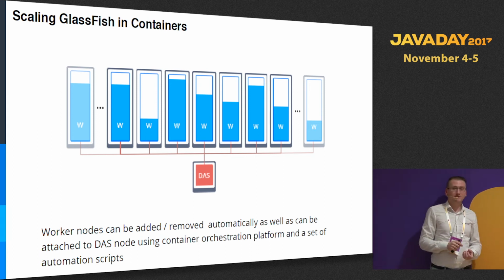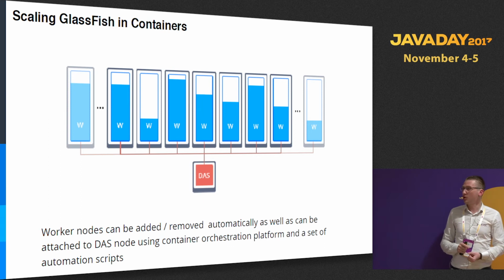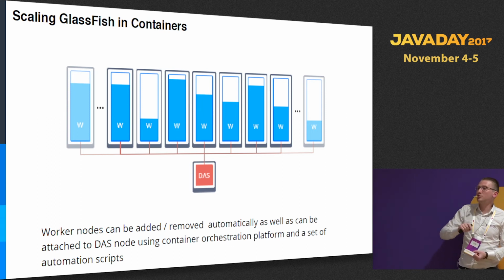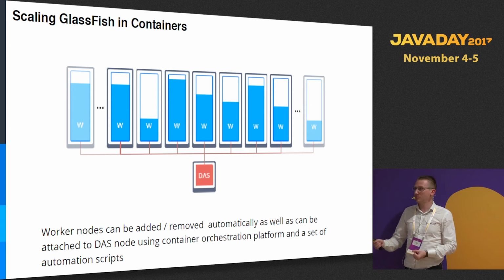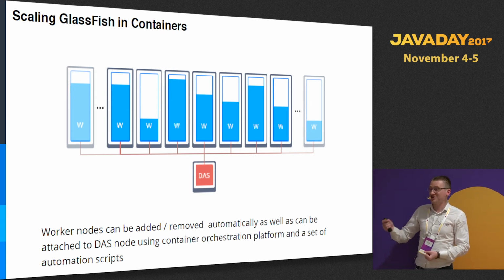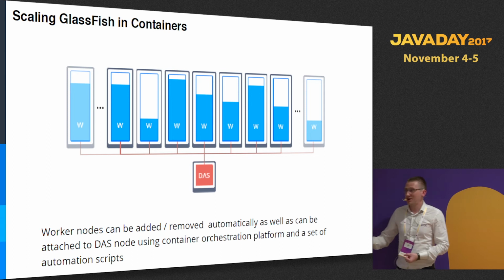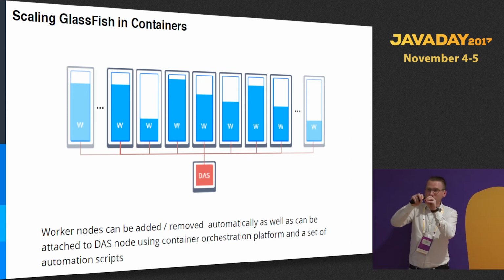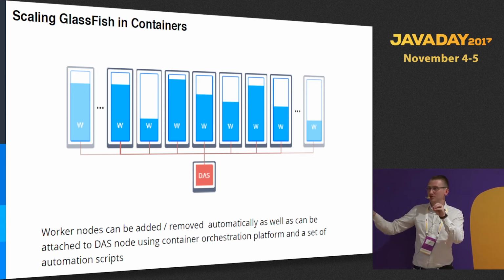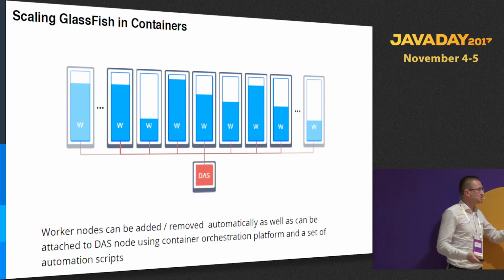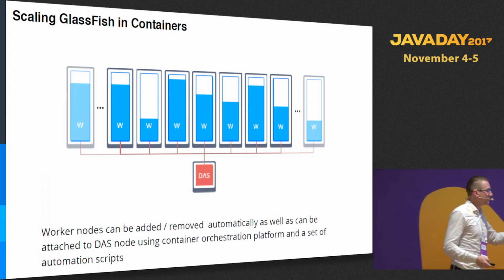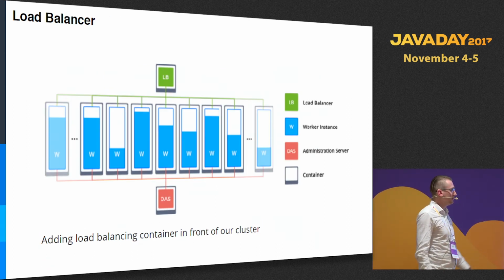VMware had a technology called vMotion that migrated the whole virtual machine. Who migrated a whole virtual machine with vMotion? It takes ages. If you can just take a process and migrate it to another node, it is 1,000 times faster. Such a thing allows our GlassFish server to be scalable.